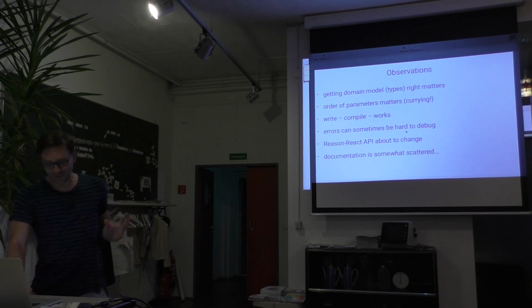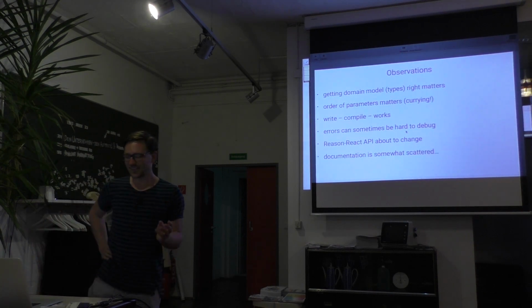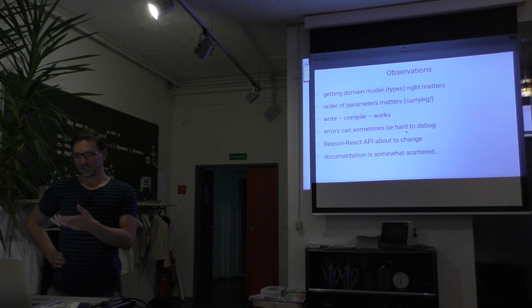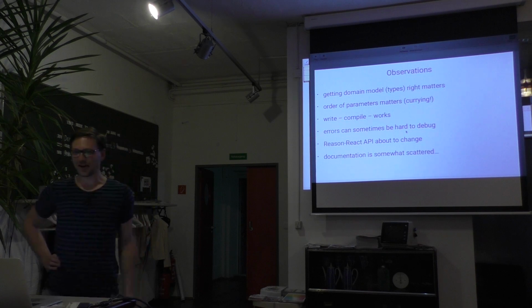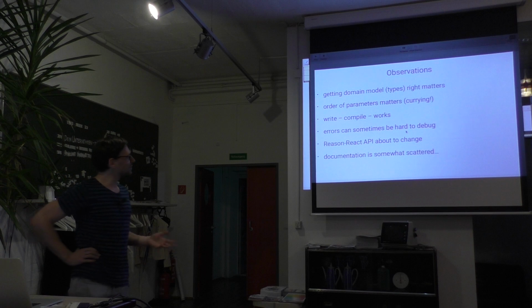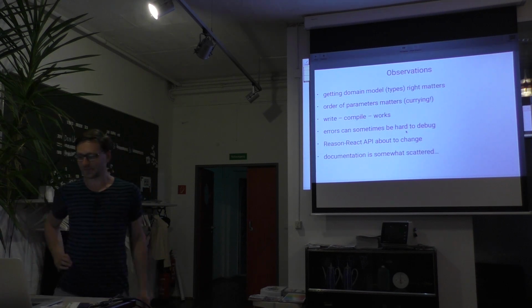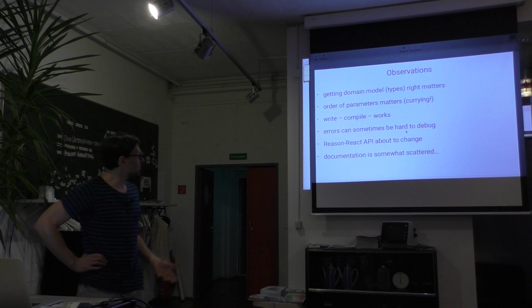But when it doesn't work, you know right away because the compiler gives you errors. But sometimes these can still be hard to get to the bottom of. It probably just takes some time getting used to that.